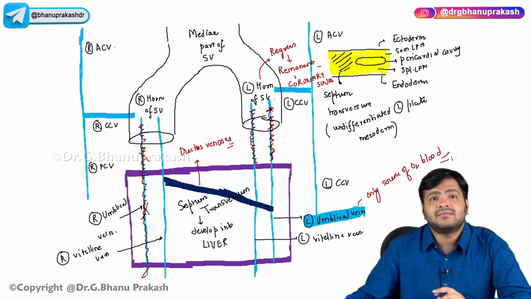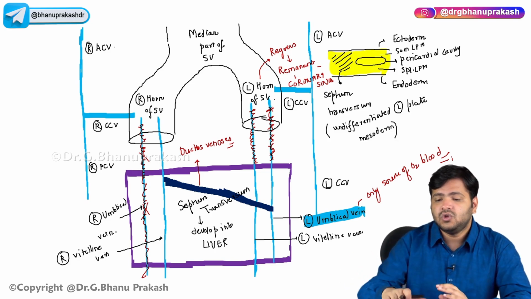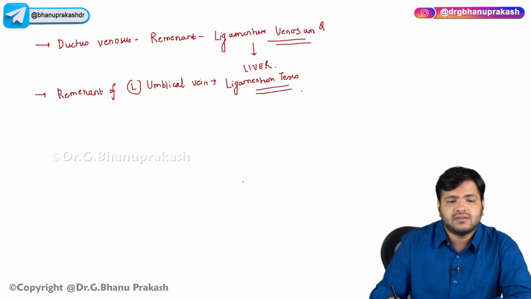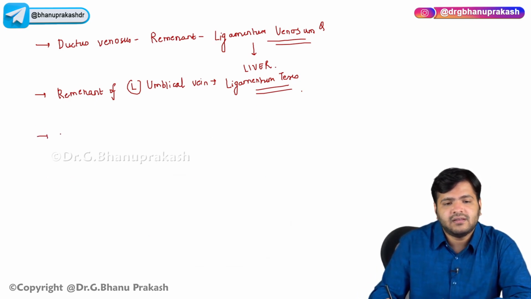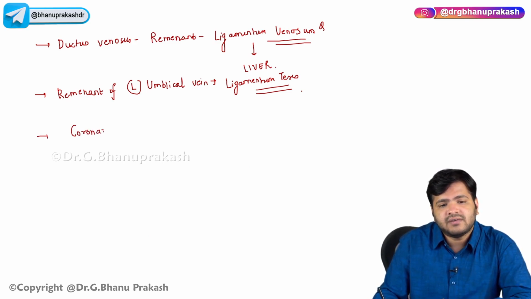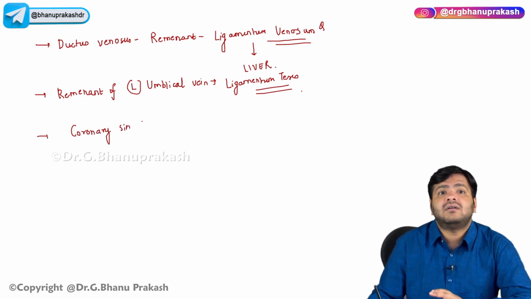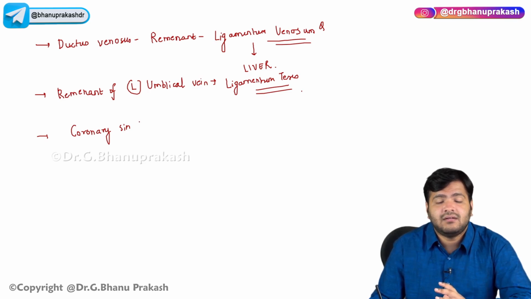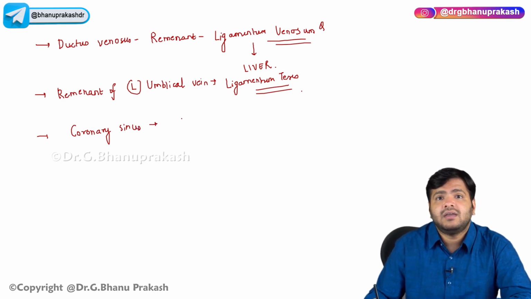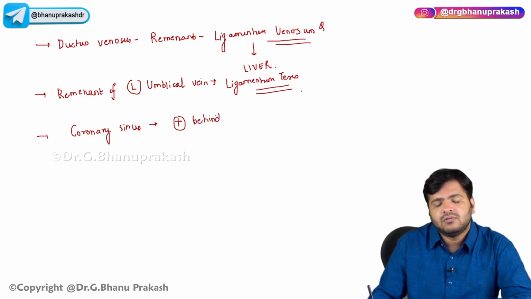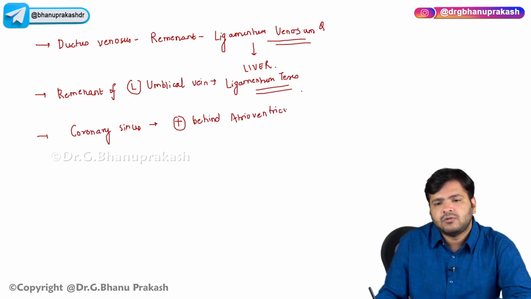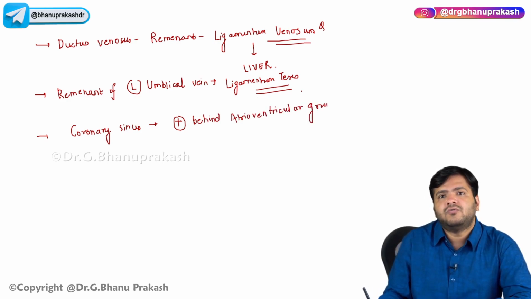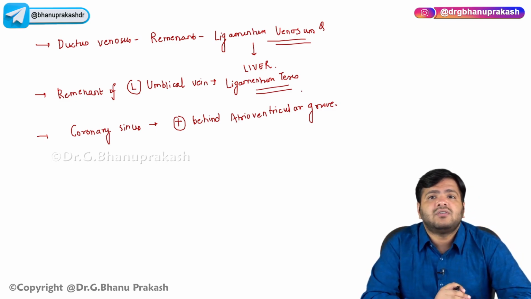Now we have already discussed this coronary sinus. You already know about this coronary sinus, all the takeaway points that we have understood, right. So just write it. The coronary sinus, you already know it is present behind the heart wall, in the atrioventricular groove.